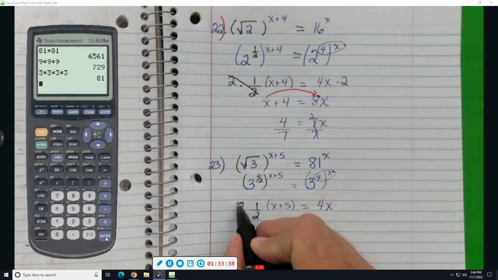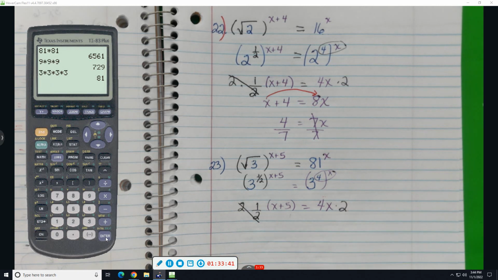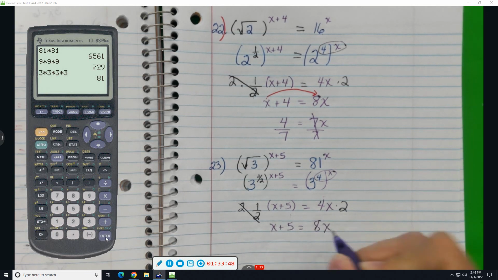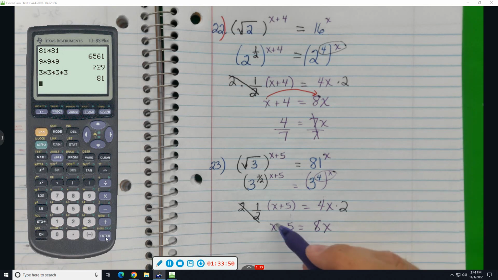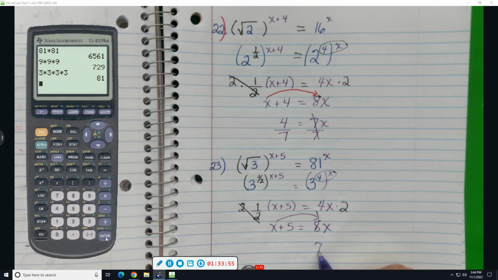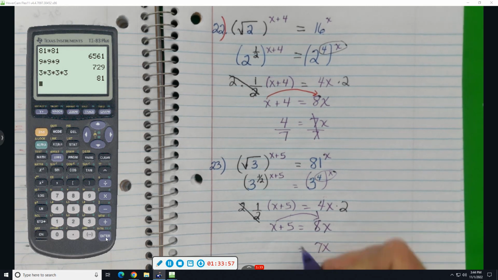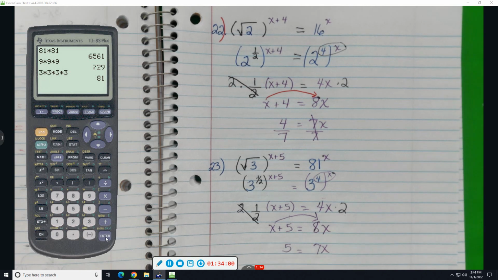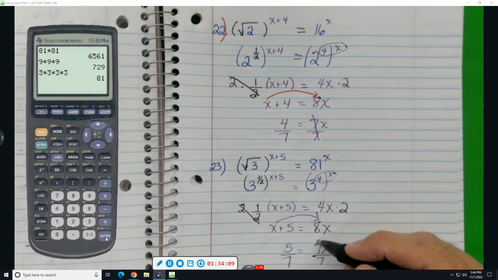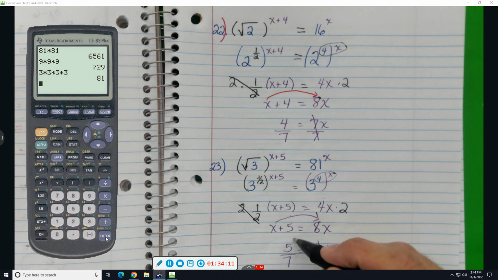So multiply both sides by 2. And we have x plus 5 equals 8x. Subtract the x. You get 7x on the right and 5 on the left. Divide both sides by 7. 5 over 7.